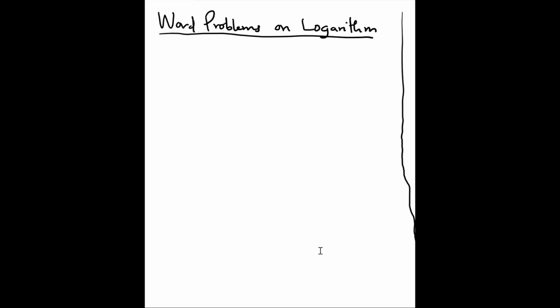Also, you can apply logarithm when trying to find the concentration of an acid, or the concentration of H plus, OH minus, something related to finding the concentration of a solution in chemistry. And I'm going to do some examples, and I hope you follow and understand.